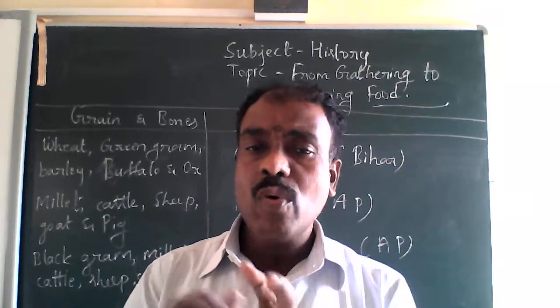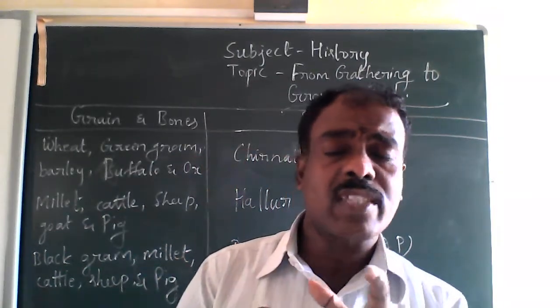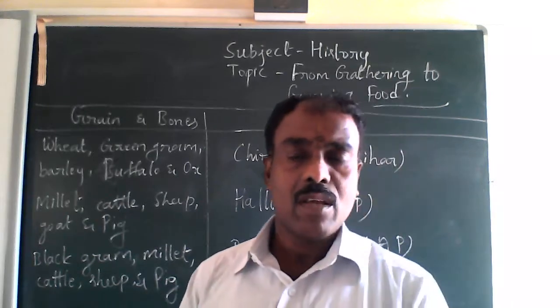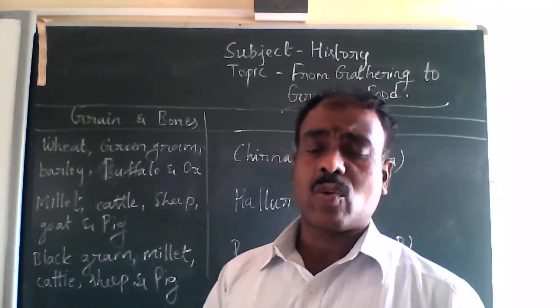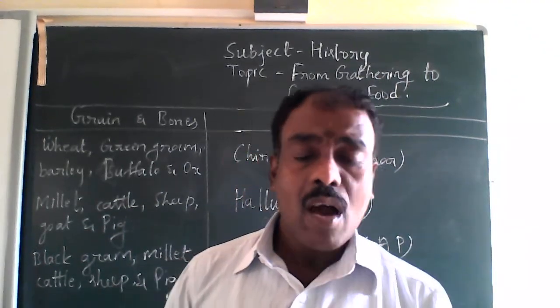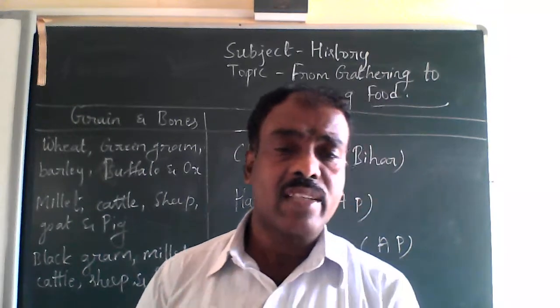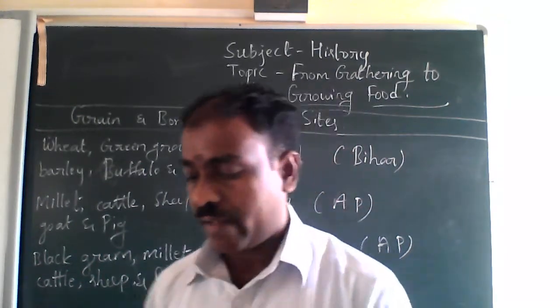So now, how did the earliest human beings move towards a settled life? Before, they were hunters and gatherers, roaming from one place to another. Now let us discuss how these hunters and gatherers moved towards a settled life.